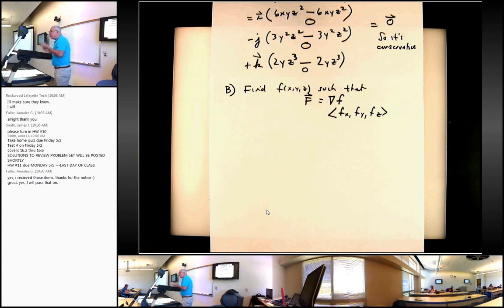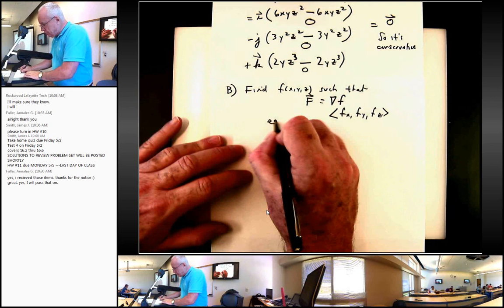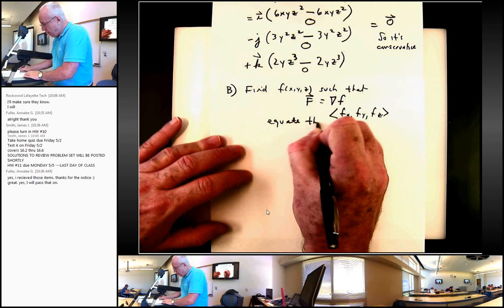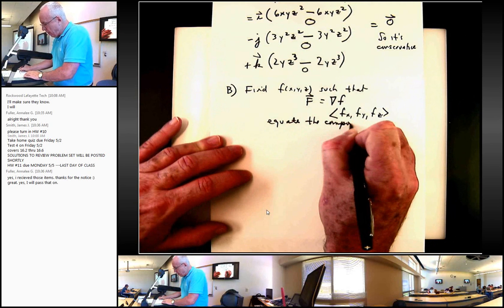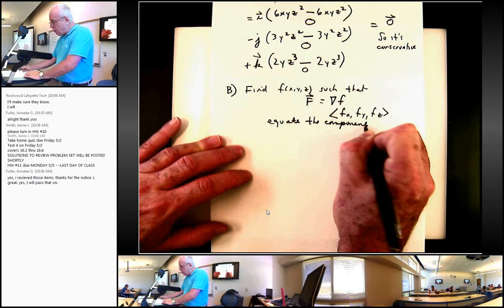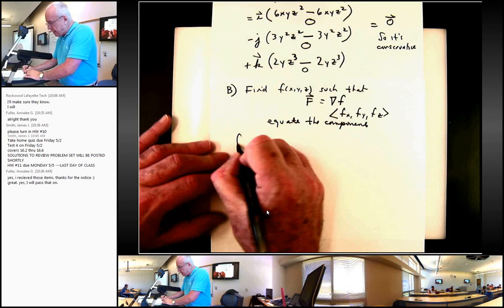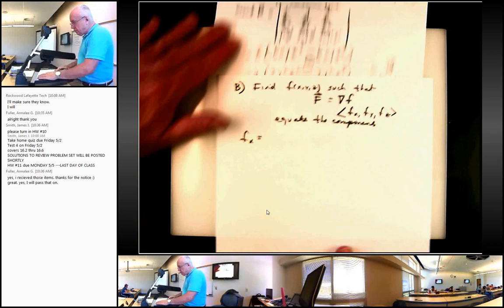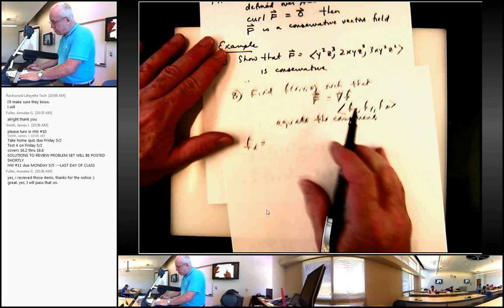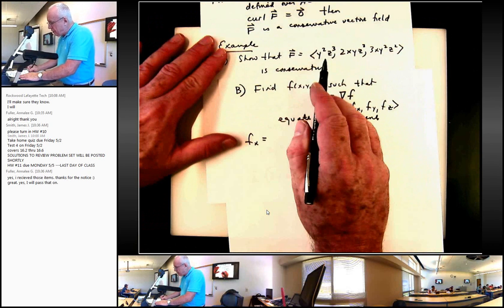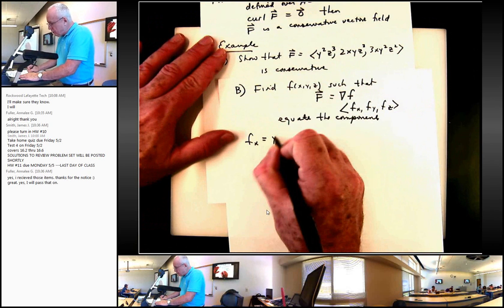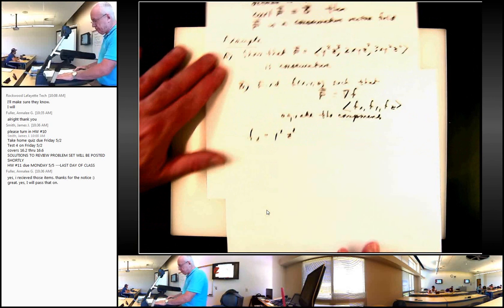So match up the components, equate the components. So for starters, little fx is equal to my first component of the capital F, which is what? y squared z to the third power.